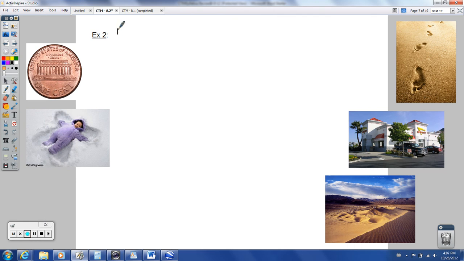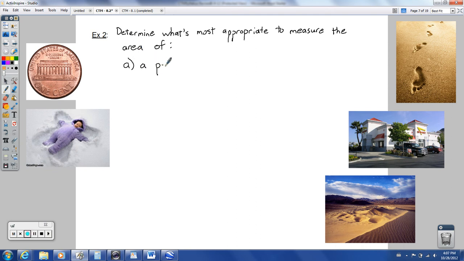So determine what's most appropriate to measure the area of, and then we'll have 5 things again like before. Determine the area of a penny.